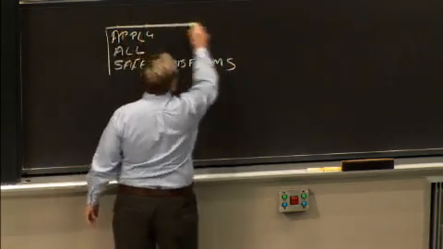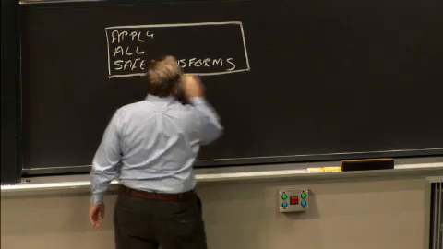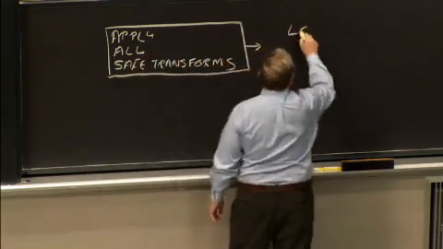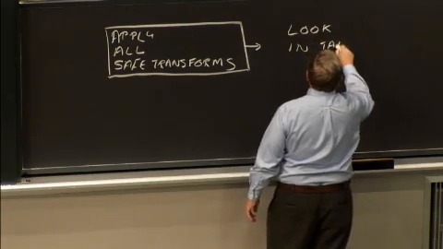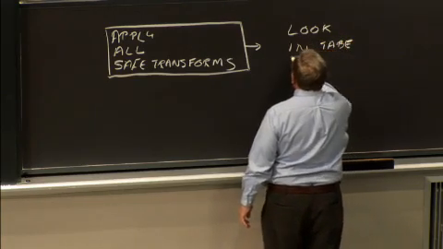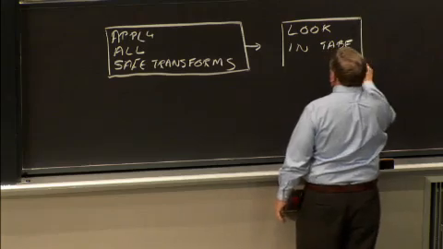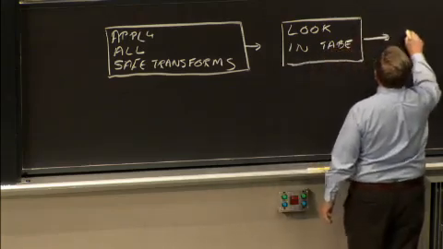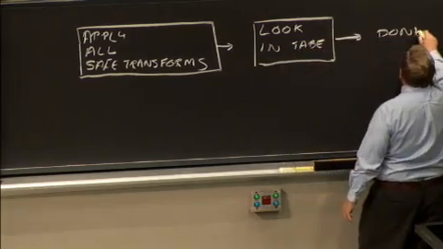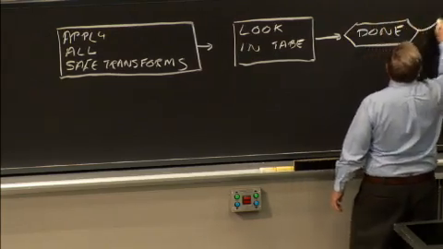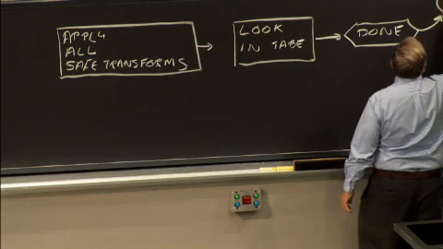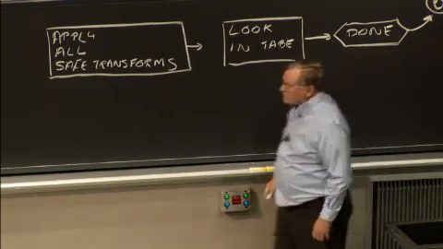That's our first step. Then we're going to look in the table. And then we're going to do a test to see if we're done. And if we are, we report success.